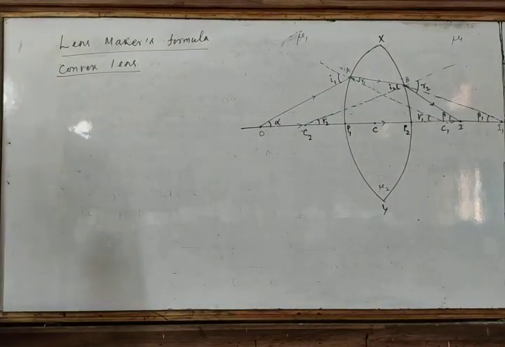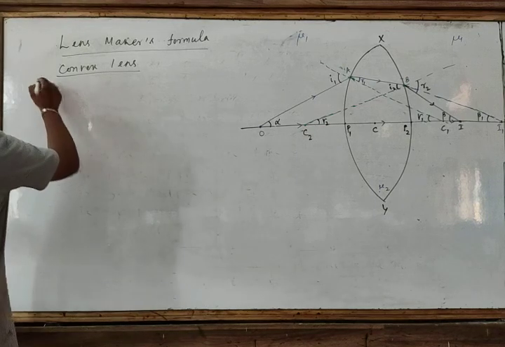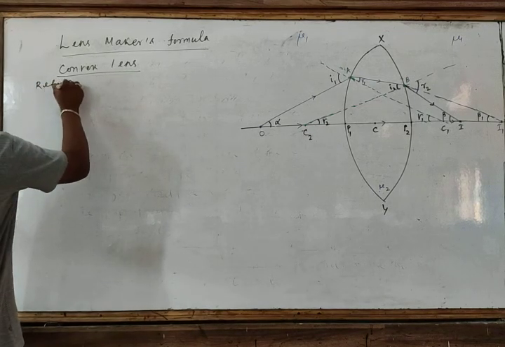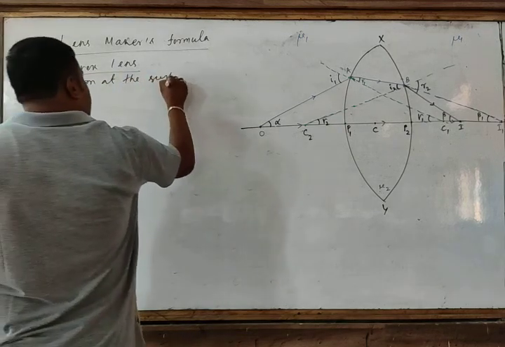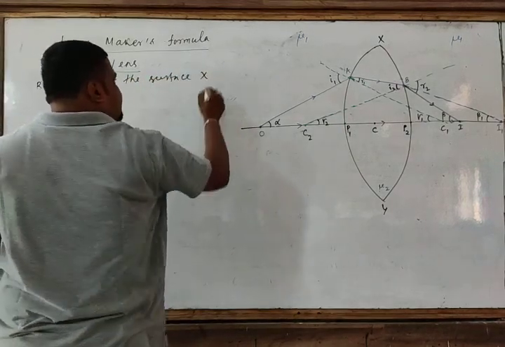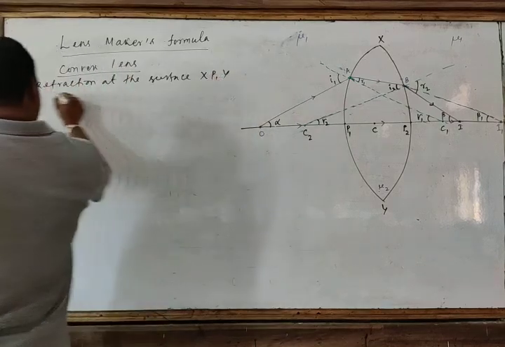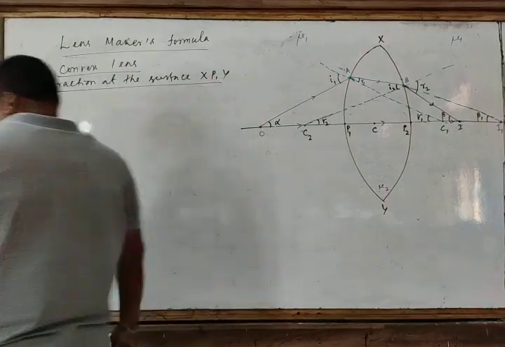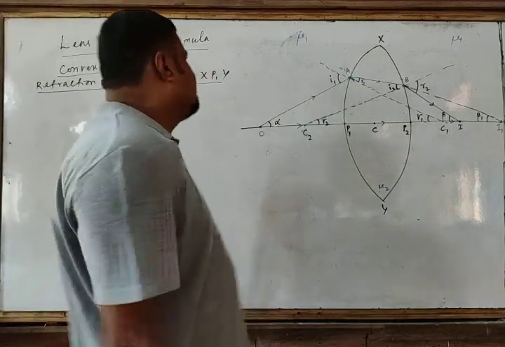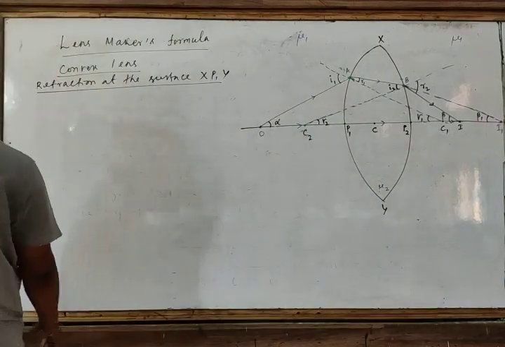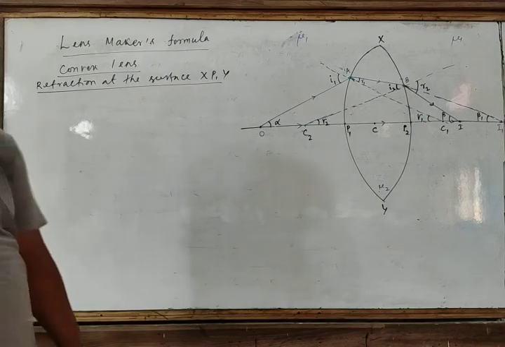Now we go to the refraction at the surface. Refraction at the surface xp1y. For this surface, O is an object and I1 is the image. So do the same as refraction at a curved surface, spherical refracting surface.